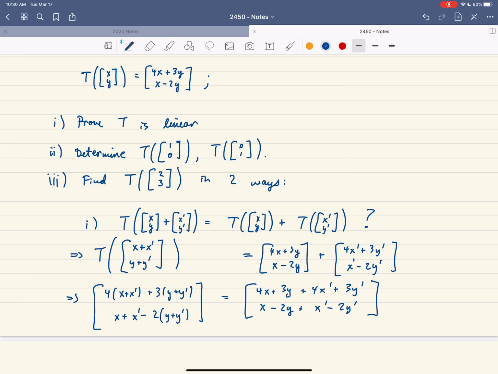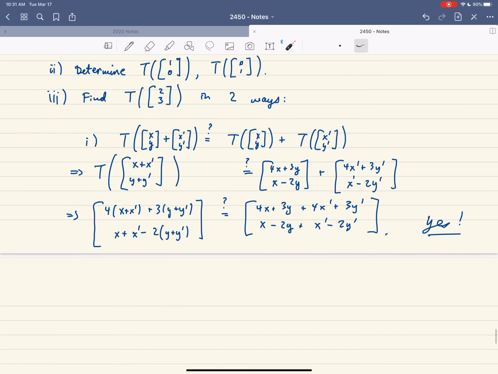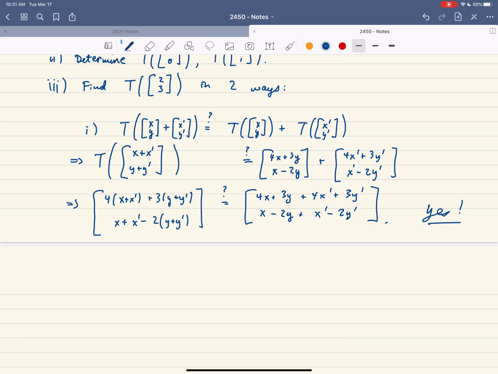I should have written this slightly better, but the answer is yes, they are equal. If you distribute the top row, you get 4x plus 4x' plus 3y plus 3y', and that's exactly what we have. It's written in a different order, but the order doesn't matter.